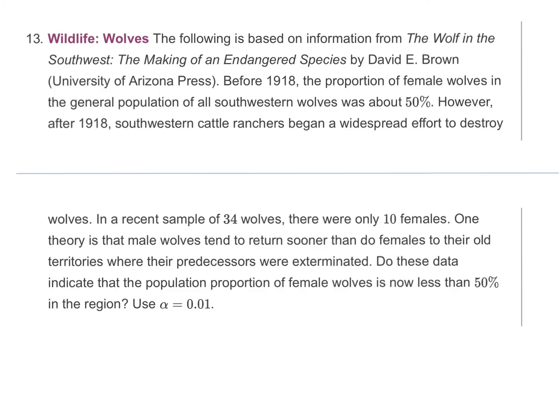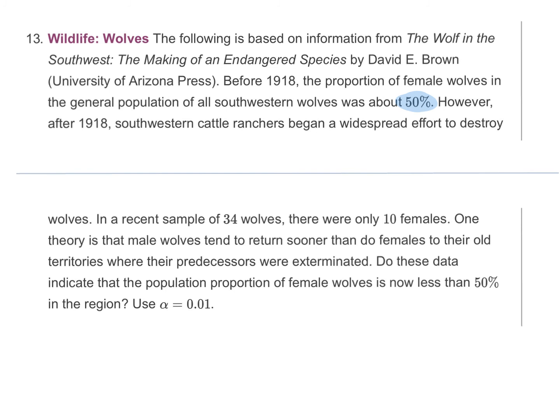Okay, the last problem, number 13, we'll take a look at. Let's hit all of the important pieces. The following is based on information from The Wolf of the Southwest, The Making of Endangered Species by David Brown. Before 1918, the proportion of female wolves in the general population was about 50%, so that, everybody, is our P. However, after 1819, southwestern cattle ranchers began a widespread effort to destroy wolves.